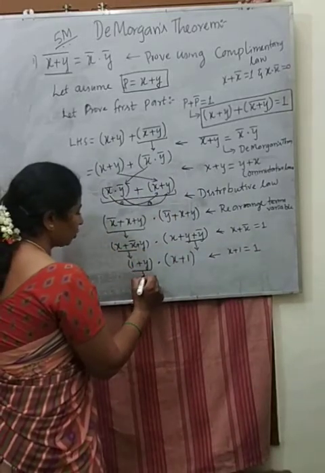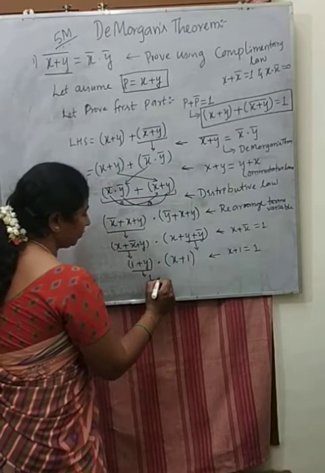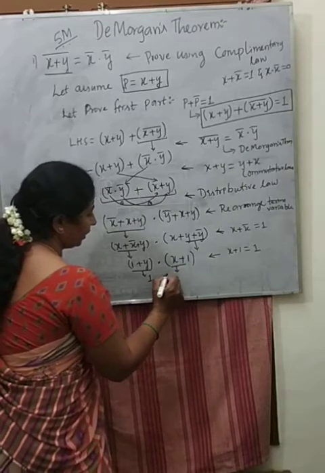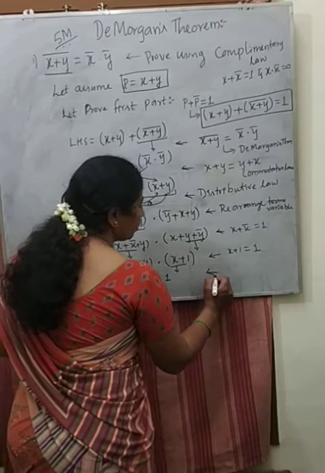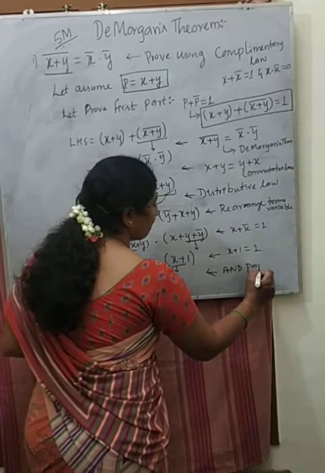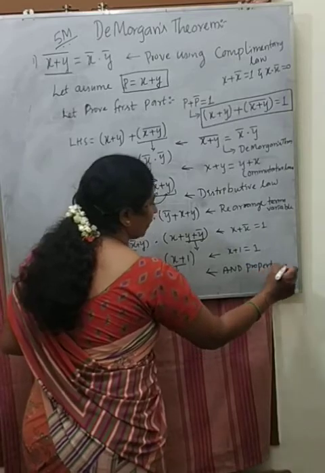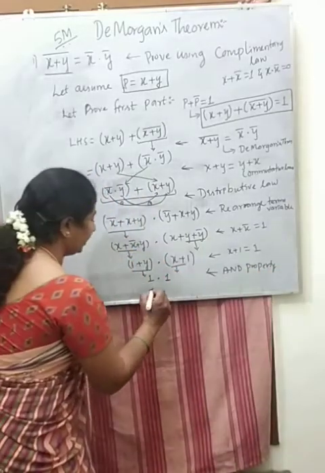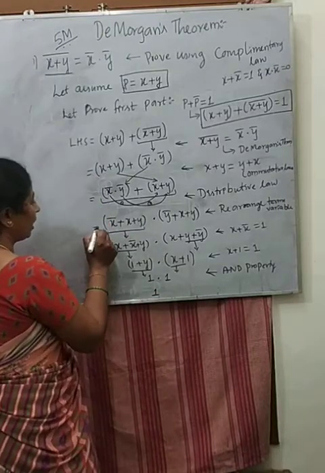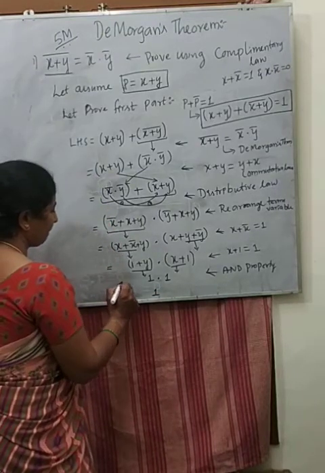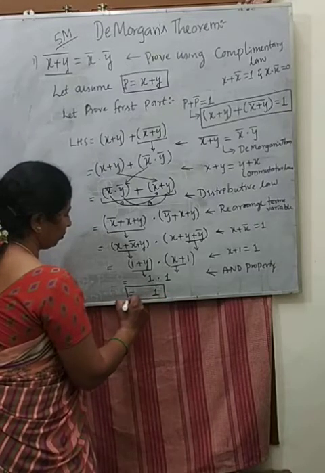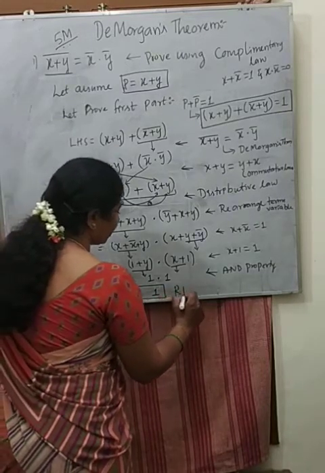Then these two get replaced with 1 into 1. 1 into 1, according to your AND property, can be written as 1. Did you get your RHS part? Yes, this is now your RHS part.